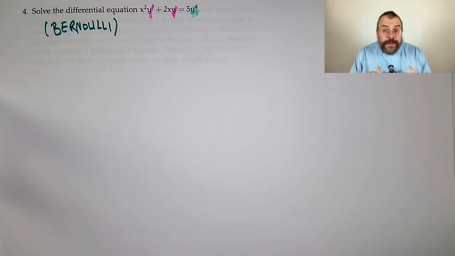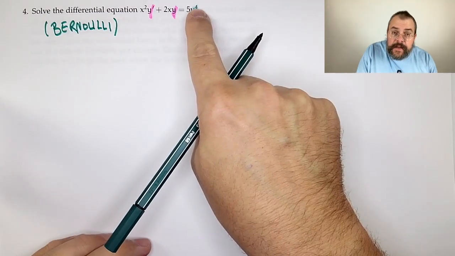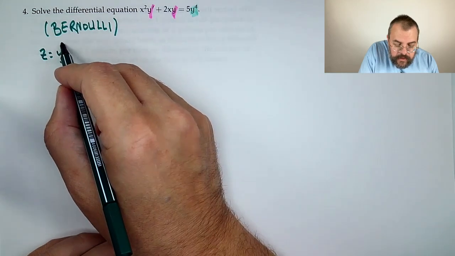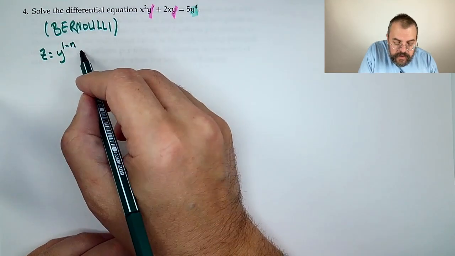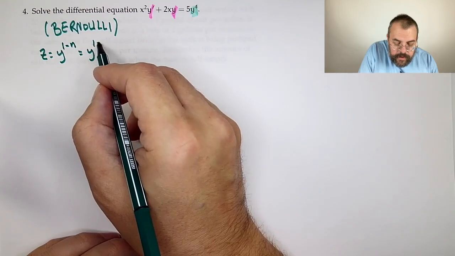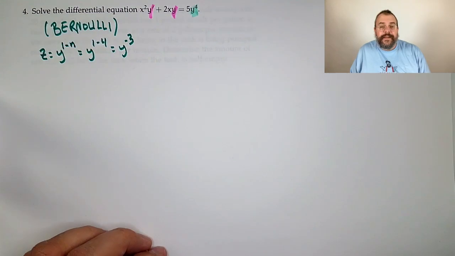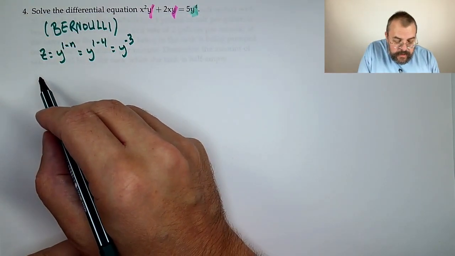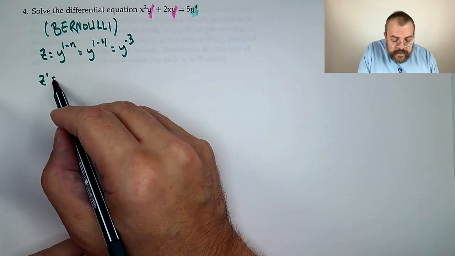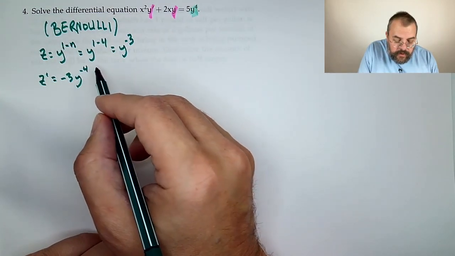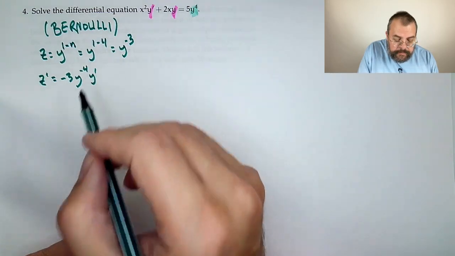All right, so what do we do with Bernoulli? If this is y to the n, our substitution is y to the 1 minus n, which in our case is 1 minus 4, or y to the minus 3. Then z prime is, taking derivatives, minus 3 y to the minus 4 times y prime.